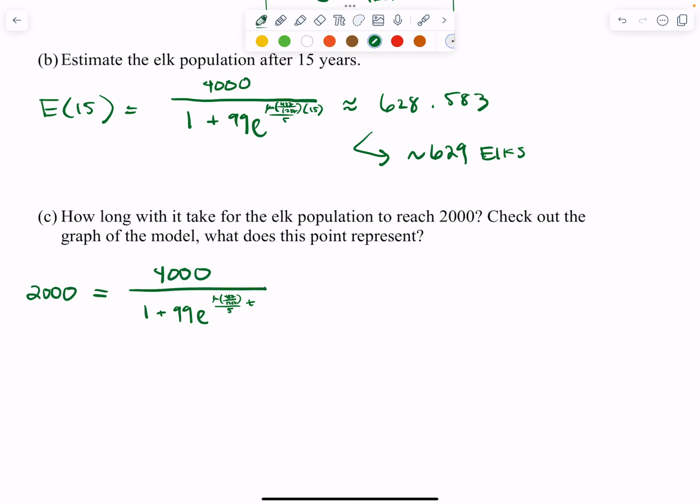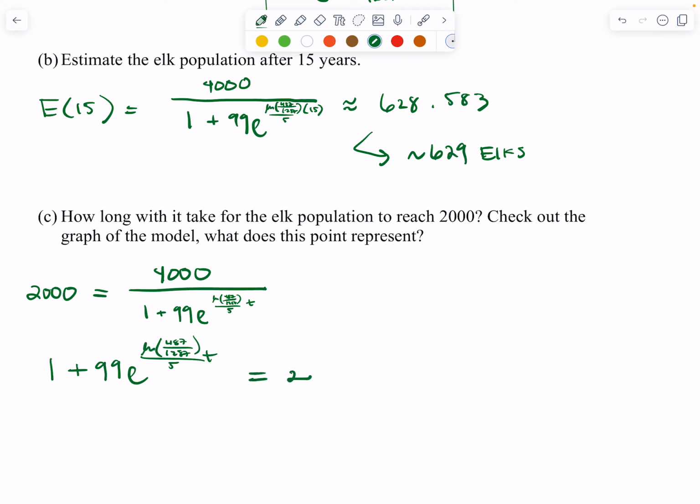Okay, so we're set to try and solve. Now notice if we multiply by the denominator on each side and then we divide by 2,000, we will end up with 1 plus 99 times e to the ln of 487 over 1,287 over 5 times t equals 2.